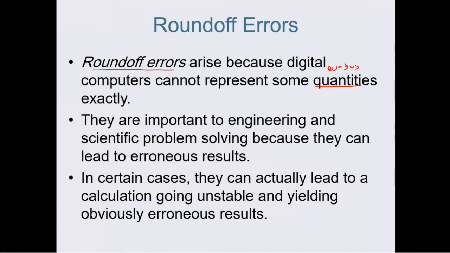This is very important for engineering calculations because if numbers are not exact, we can end up with results which have very big errors. And in certain cases, they can lead to the calculation becoming unstable, where you start getting very big numbers, or you start getting numbers which don't make any sense.